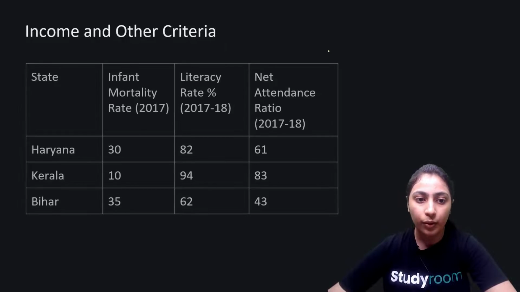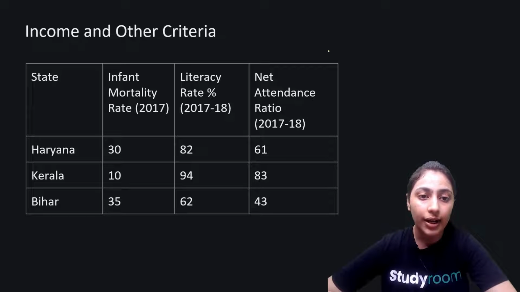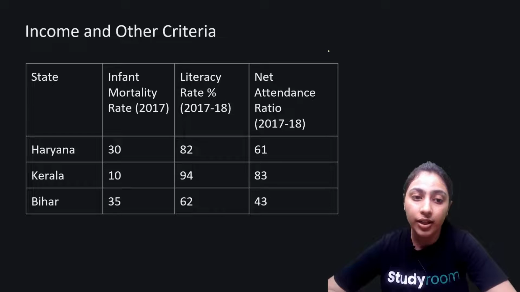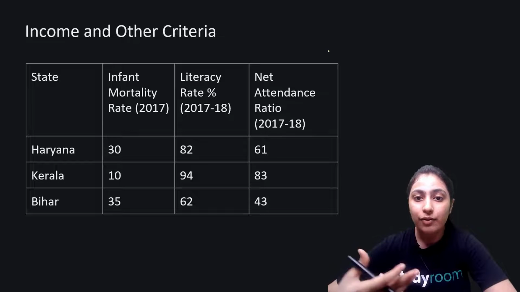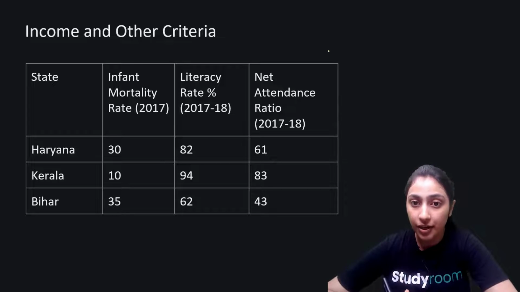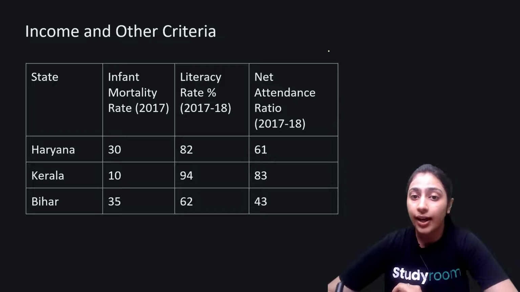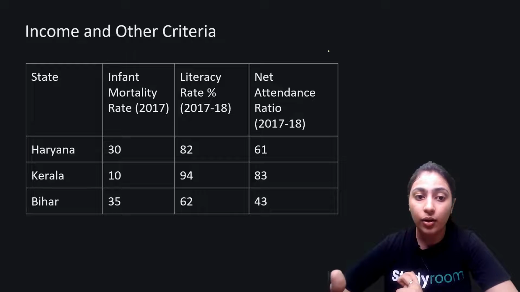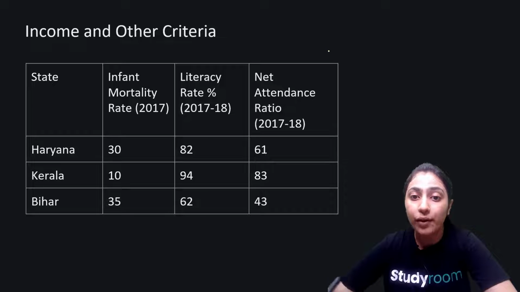So moving forward, now let us dig deeper. Okay. So in Haryana, infant mortality rate is 30. Infant mortality rate means how many newborn children are living. Are they dying, or are they actually living their life properly, or are they not even able to live 12 months?